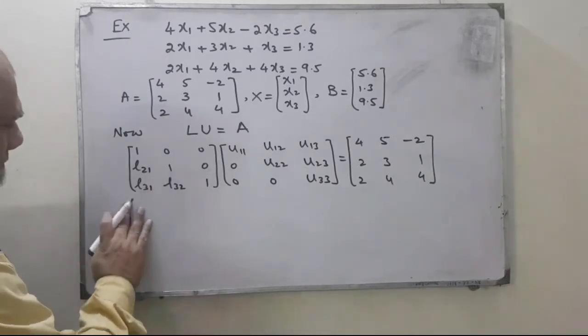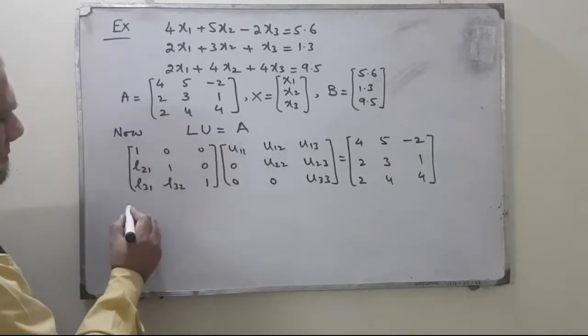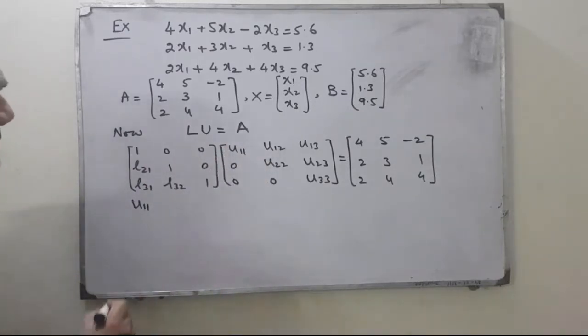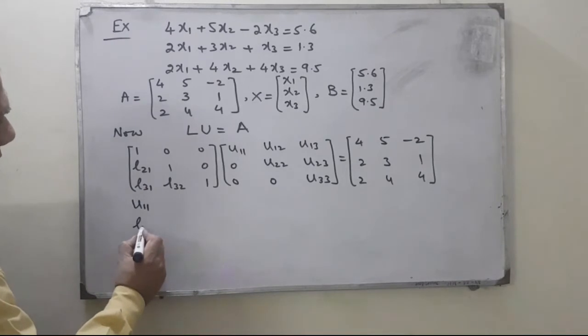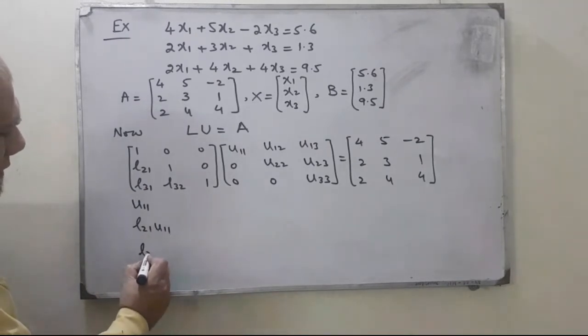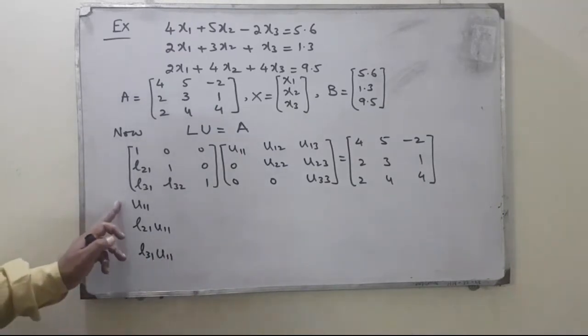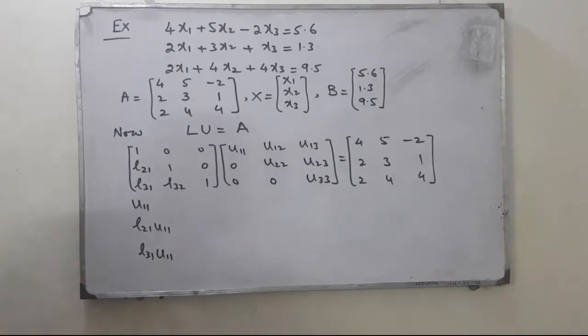When we multiply, the first row with the first column gives U11. The second row with the first column gives L21 U11. The third row with the first column gives L31 U11.